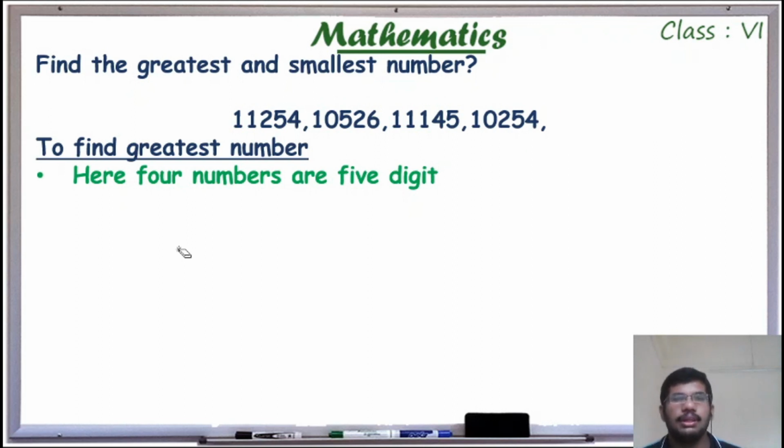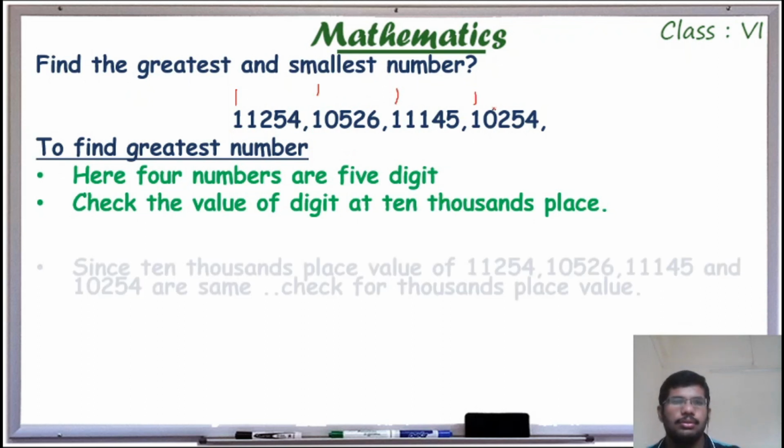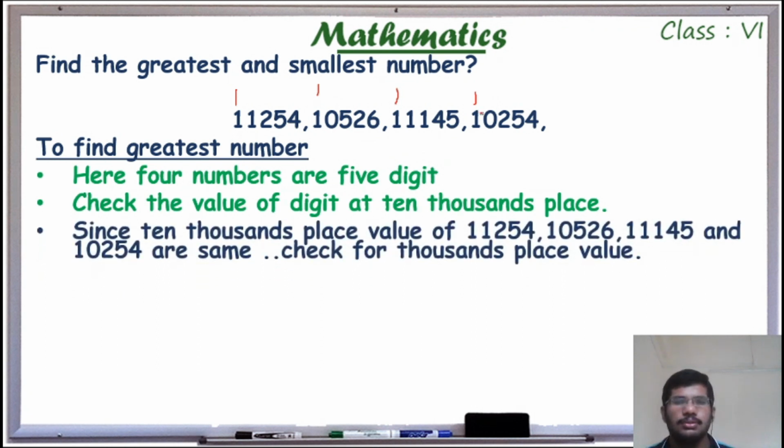Here the four numbers are 5 digits, right? And we are checking the first digit from the left side: 1, 1, 1, 1. So all are the same. Since the 10,000's values are the same, we are checking the thousands place value: 1, 0, 1, 0.